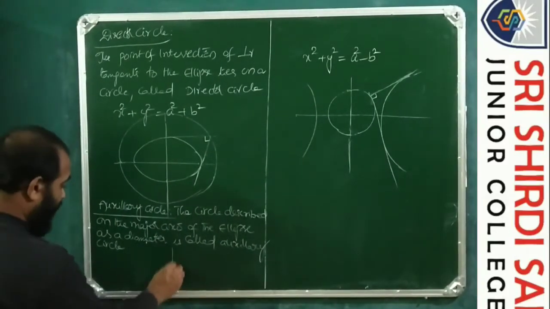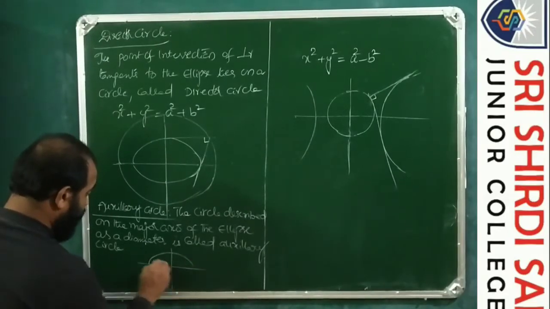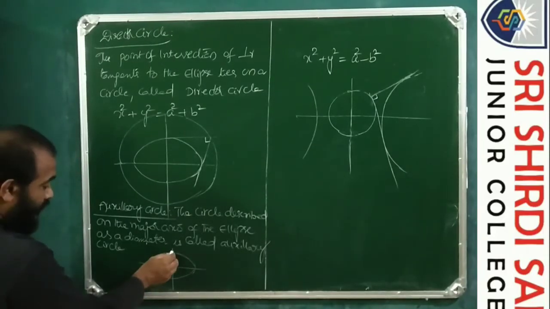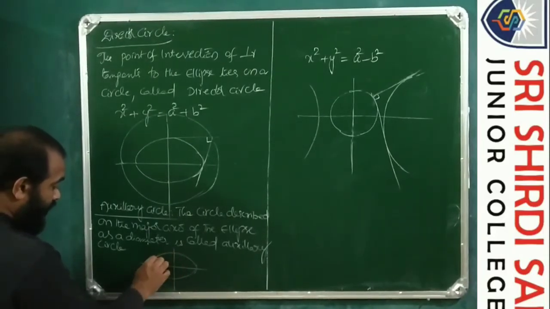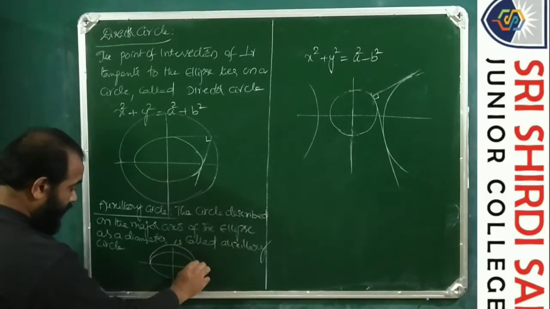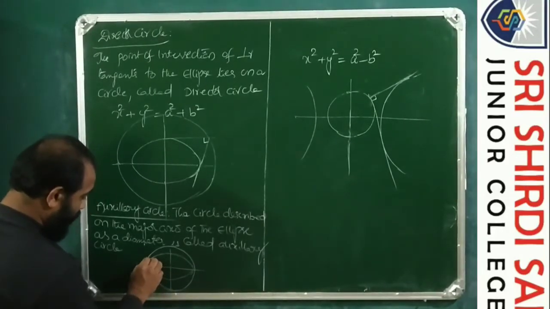So, for example, this is the ellipse, and this is the circle formed.